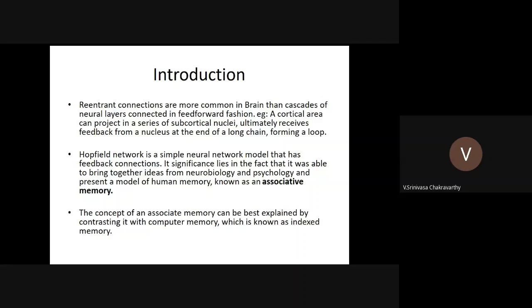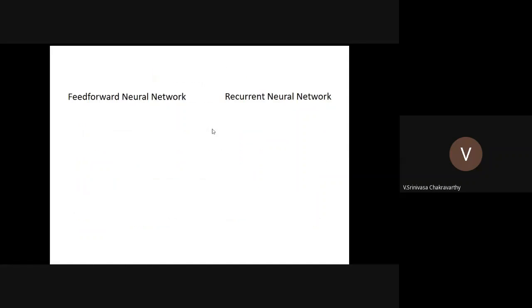Now, these recurrent connections or reentrant connections, connections of neurons among themselves, are very common in the brain. What we have seen so far is feed-forward connections. That is, you have a series of layers projecting in a sequential fashion, each to the next one.